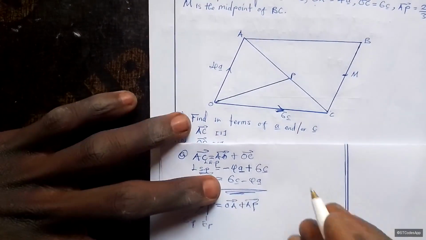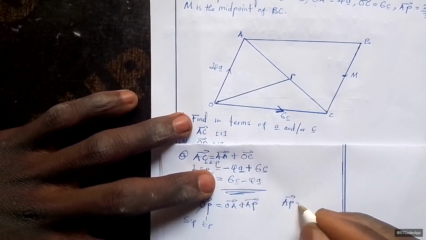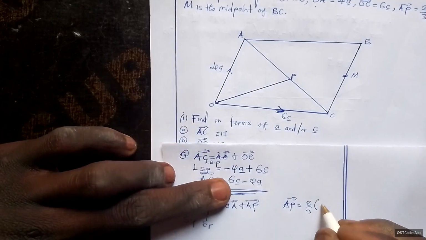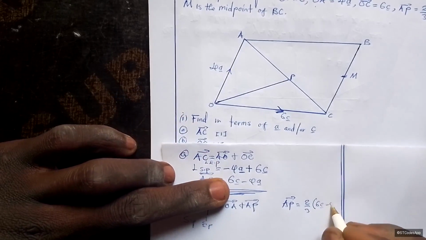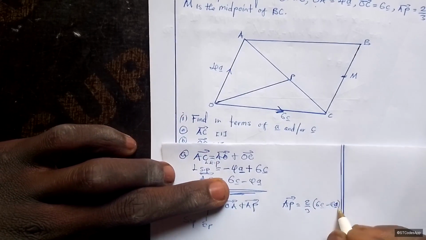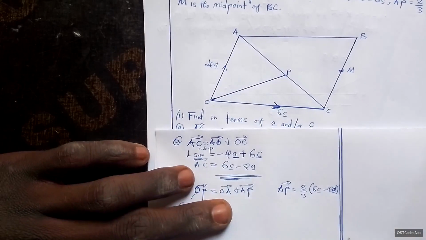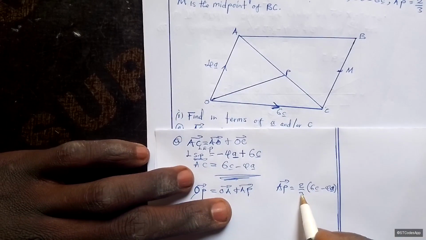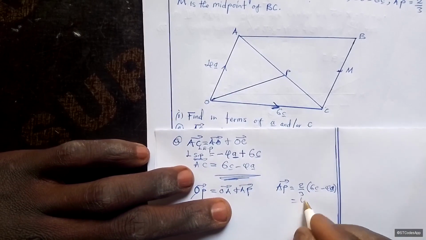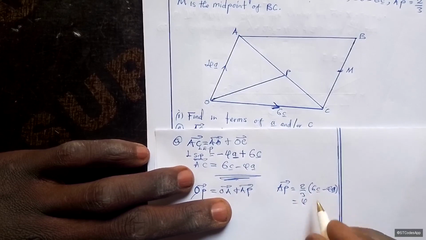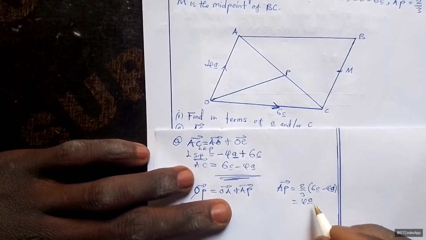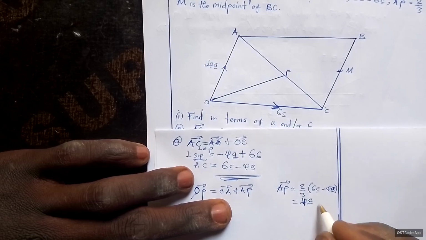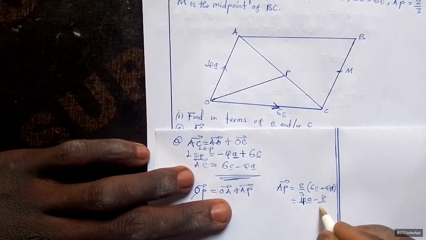AP vector is equal to 2 over 3, open bracket, 6c vector minus 4a vector. 2 multiplied by 6 gives 12, and 12 divided by 3 gives 4. This one has a c vector, so 4c vector. Then 2 multiplied by negative 4 gives negative 8 over 3.